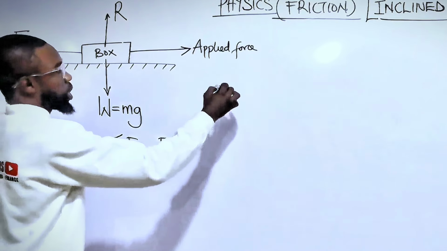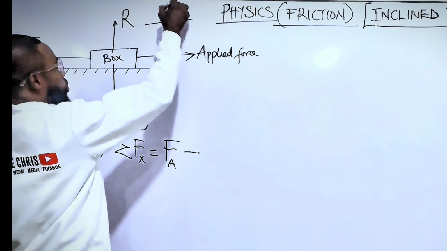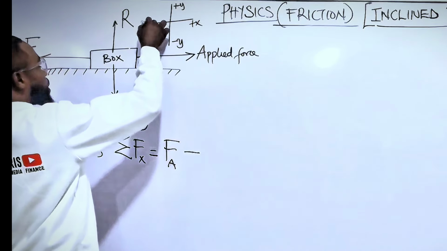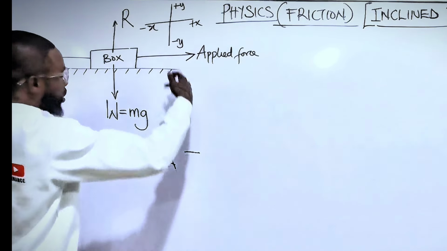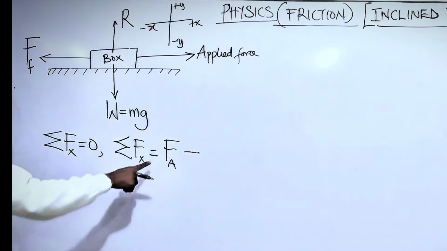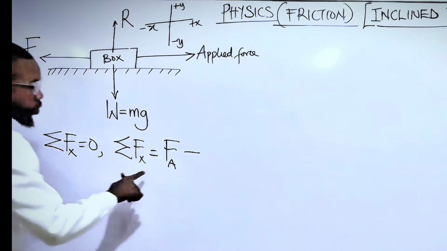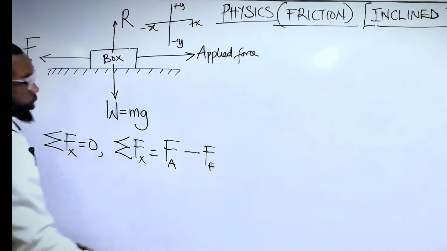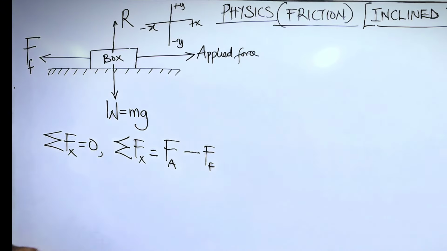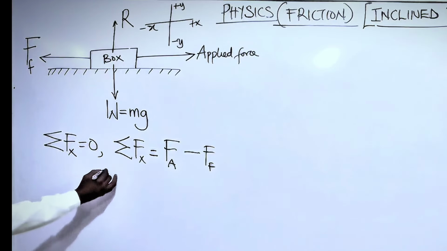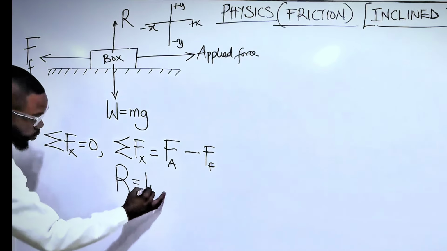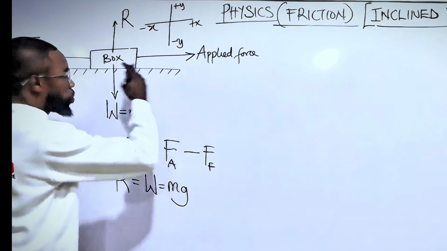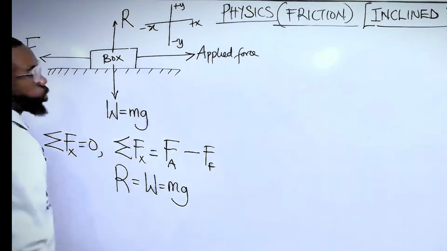So if we do the free body diagram, it's going to look like this: positive Y, negative Y, positive X, and negative X. If we resolve all the forces to the x direction, we have the applied force minus the frictional force. And of course we know that the reaction is equal to W in this case, and W is equal to mg, and all of these are for a body on a straight horizontal surface.